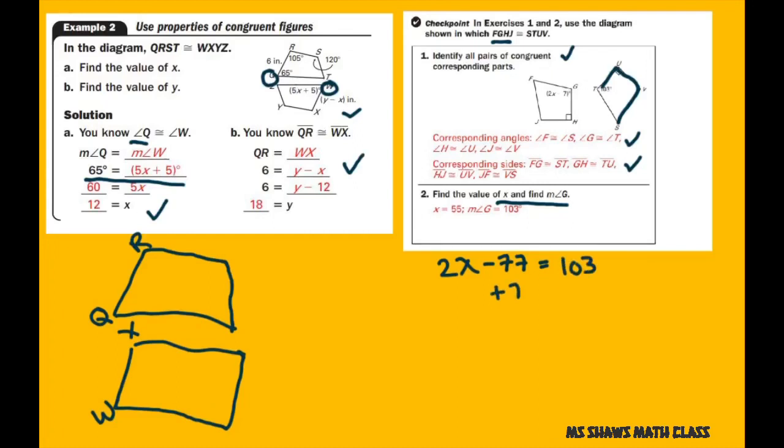Add 77 to both sides, and you get 180 equals 2x. And then you just divide both sides by 2, and you get x equals 90. And then you just find the measure of G equals 103, because these two are congruent.